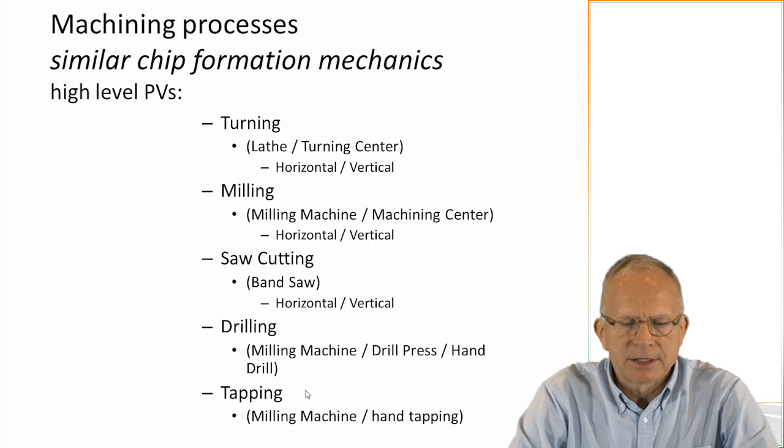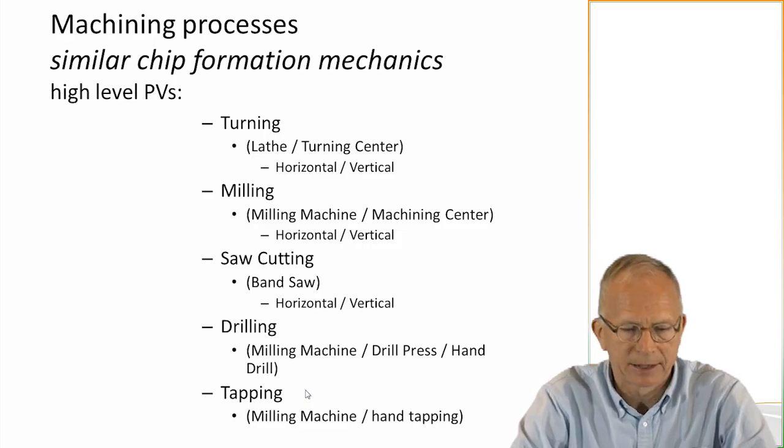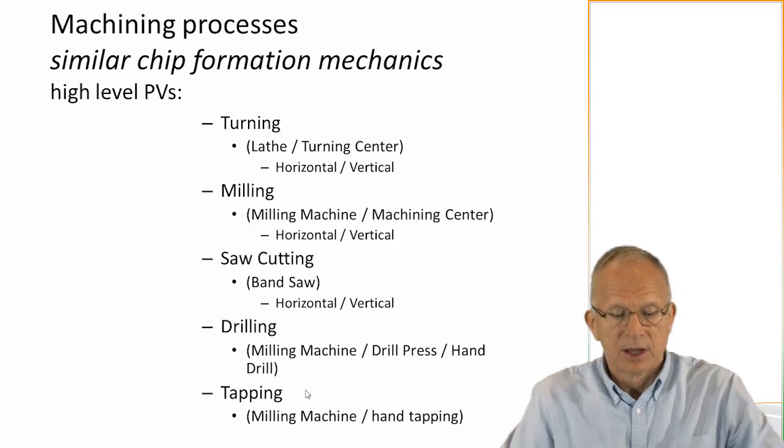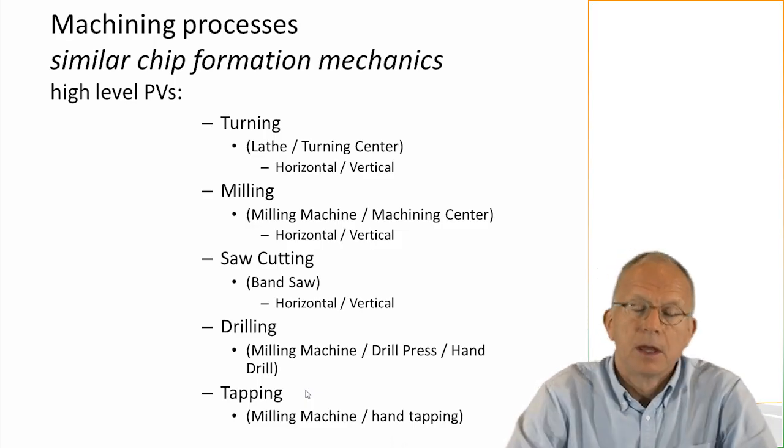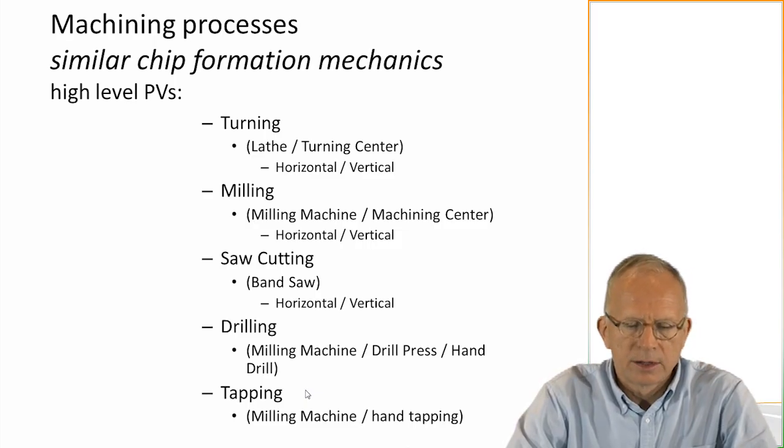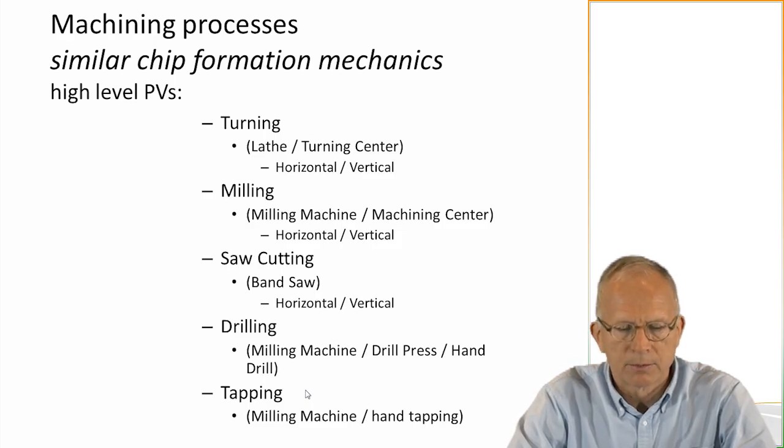So the machining process, all right, so in all of these machining processes by chip removal, we have similar chip formation mechanics. Actually, we could extend this to different kinds of abrasive processes as well. So turning, milling, sawing, drilling, tapping, all have similar kinds of chip formation mechanics.